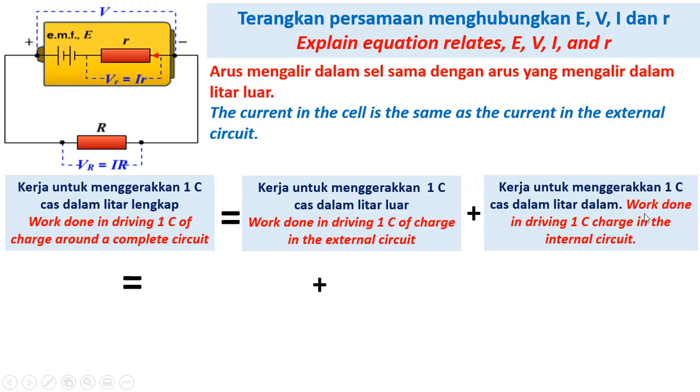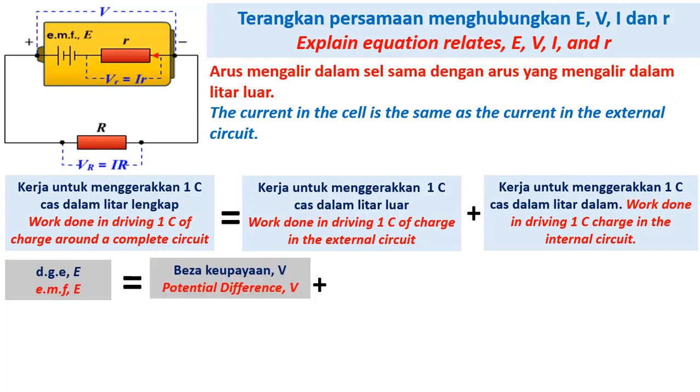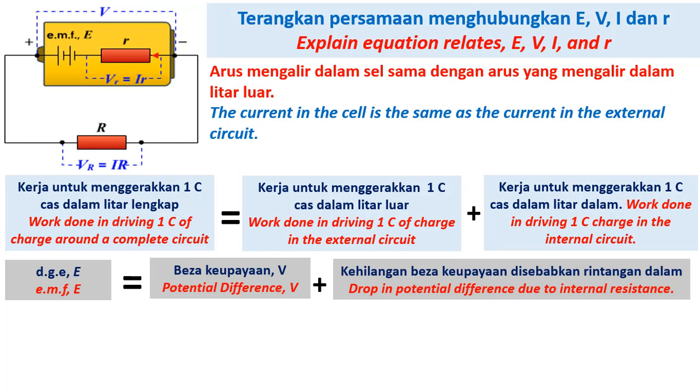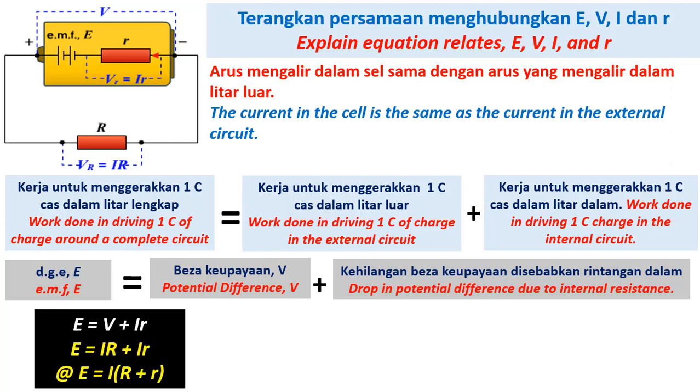This is the work done in driving 1 coulomb of charge in the internal circuit as heat energy. This work has to be done to move against the resistance, so it changes to heat energy. So the equation becomes E, voltage V, and the drop in potential difference. Remember, for potential difference the formula is V equals IR, and we get the formula E equals V plus Ir.